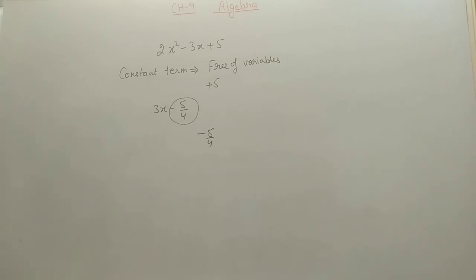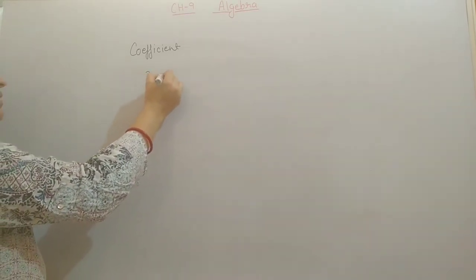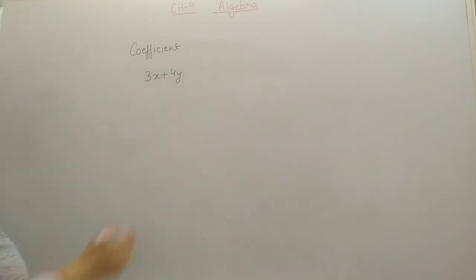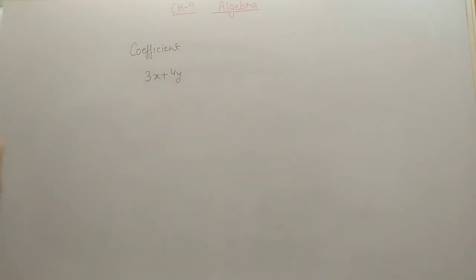Next thing we have coefficient. Coefficient means the factor. Suppose you have an algebraic expression 3x plus 4y. In this algebraic expression we have two terms. First term is this and second term is this.